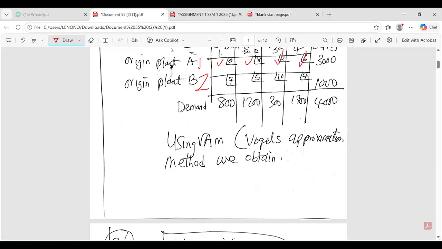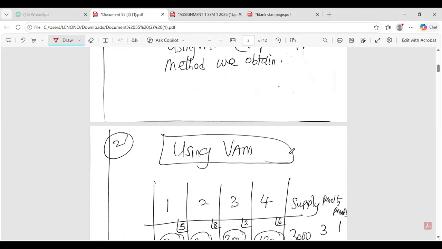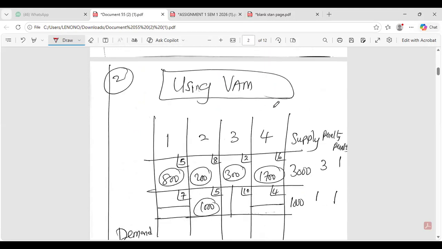So using the appropriate VAM method, VAM uses penalties.